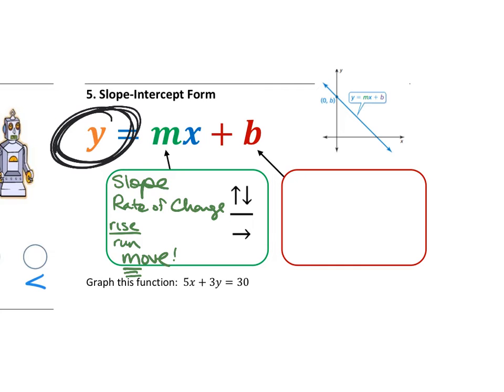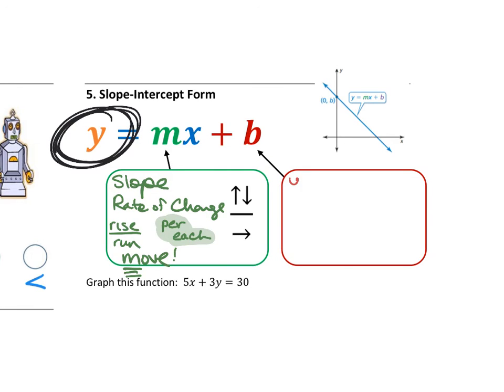There are 2 words that help us in word problems. Remember, we're talking about the slope. One of those words might be rate. It might be per, it might be each, or every. Those are the vocabulary words that help me know, in a word problem, I'm talking about slope. The only other thing you need to graph and or write an equation in slope-intercept form is the y-intercept.